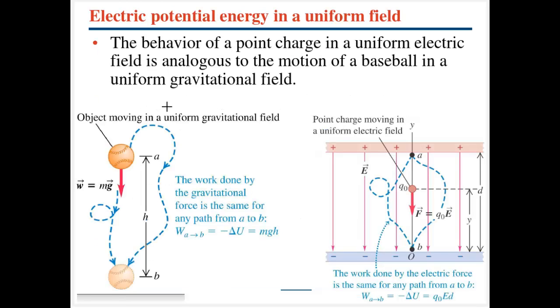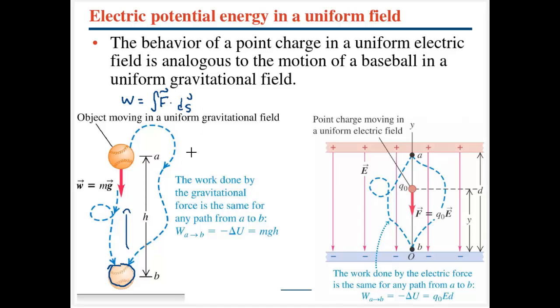Now let's talk a little bit about this concept of electric potential energy. Think back to having an object, say a baseball, in a uniform gravitational field. Suppose we wanted to move this baseball from point B up to point A. We have to do a little bit of work, where work was the integral of the force dotted with the displacement.